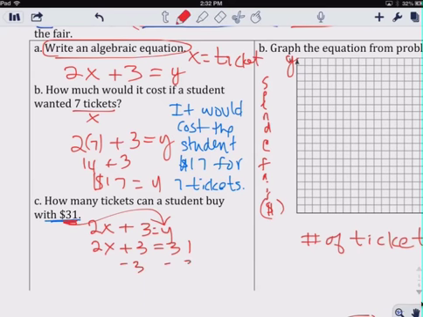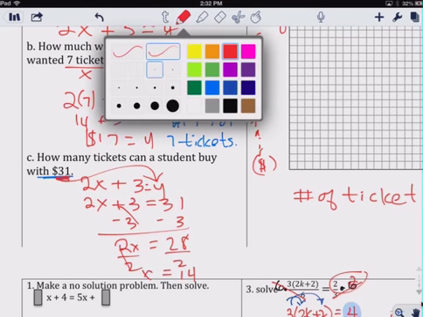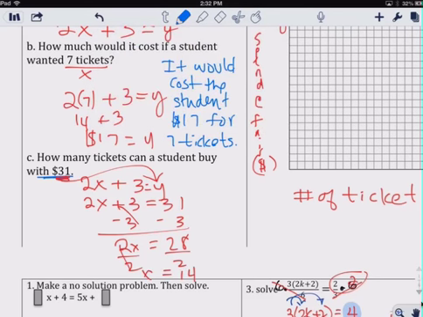Minus 3 minus 3. 2x equals 28. Divide by 2, divide by 2. X equals 14. The student can buy 14 tickets with $31.